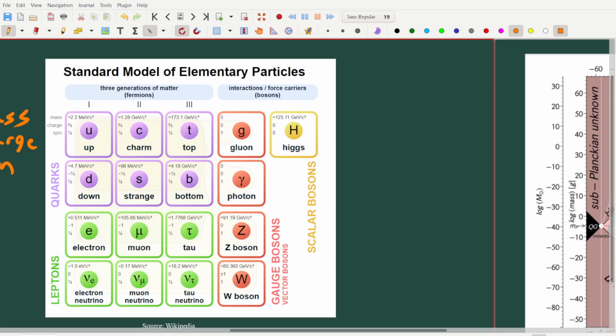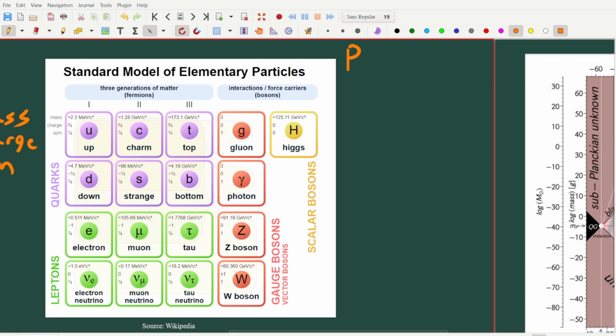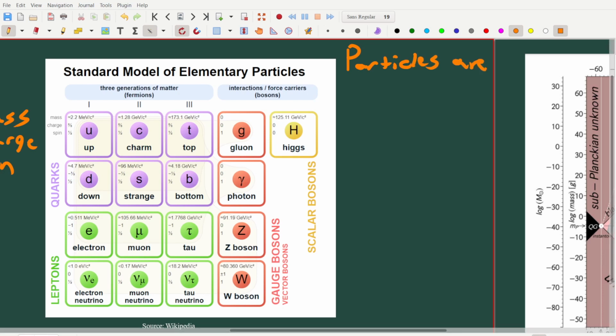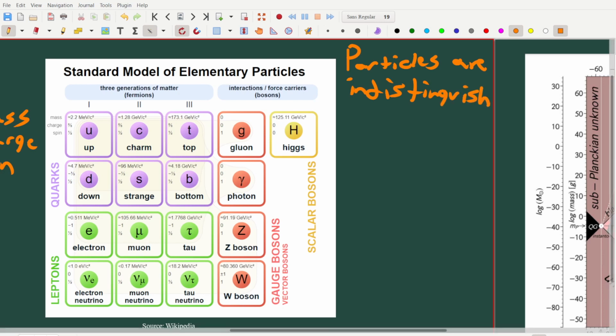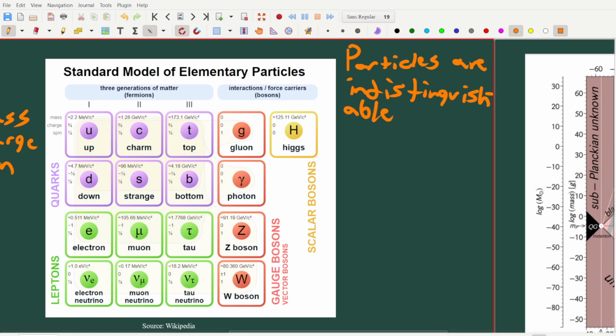To say that in three words: particles are indistinguishable. And there are two different types of indistinguishability in the universe. They fall into these two classes, bosons and fermions.